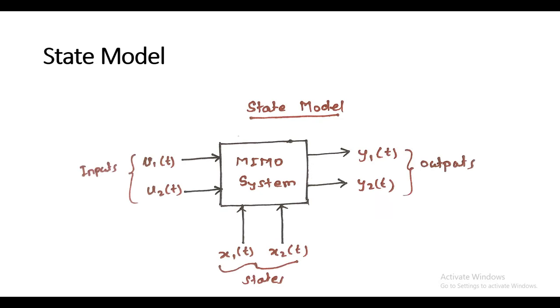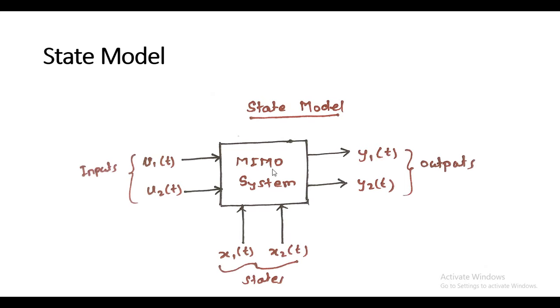Let us see one simple state model for your understanding, how the state space representation can be done with the help of some equations, and how those equations are derived. For that we have to see a multiple input multiple output system. For representing the state space variables, I have taken this example as a multiple input multiple output system.